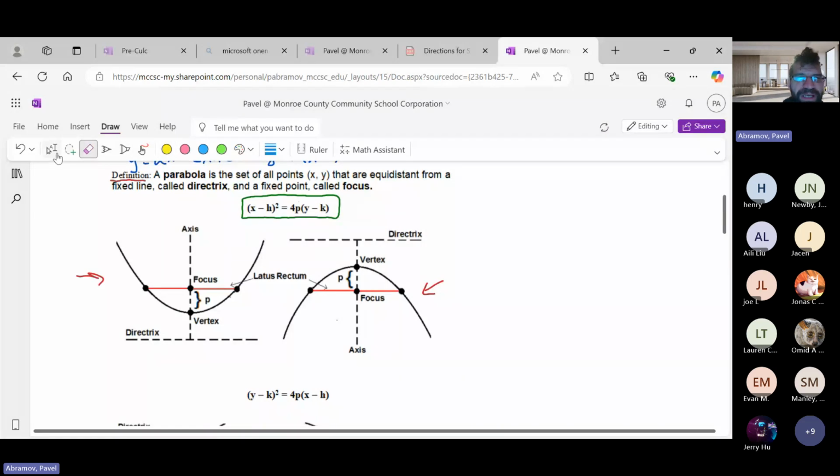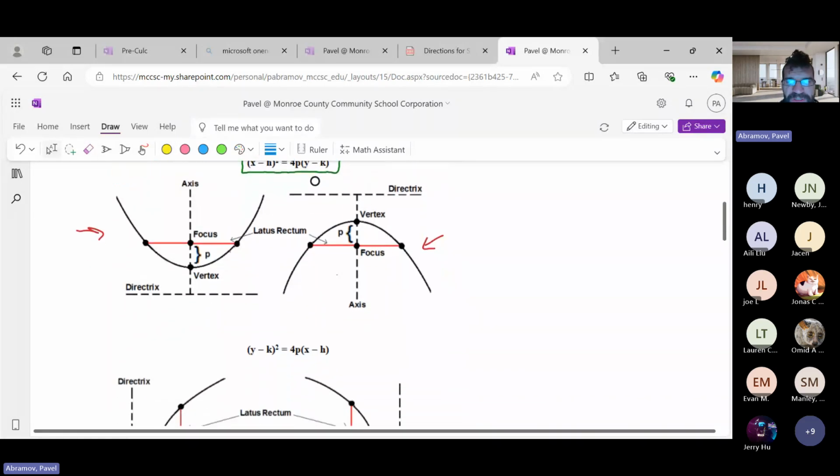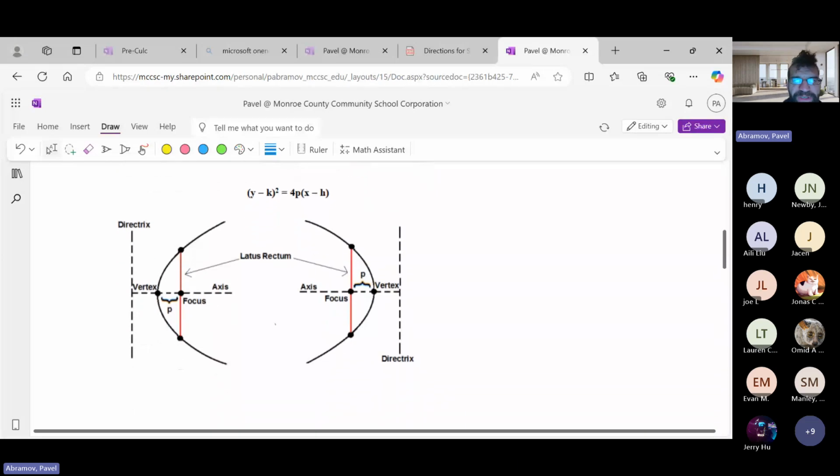However, we also can have parabolas that open horizontally. So this is going to be right here. Notice we have a parabola that can open to the right, and we have a parabola that could open to the left. If the parabola opens horizontally, then the general form changes a little bit, and it has this form right here: (y minus k) squared equals 4p times (x minus h).